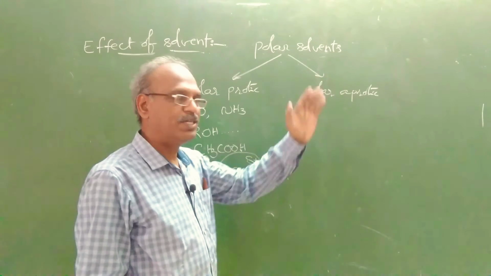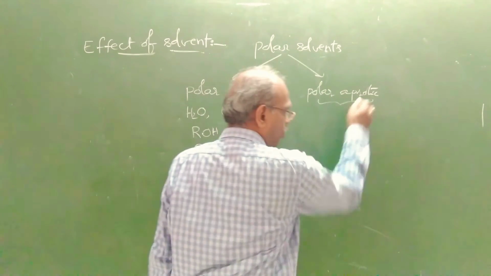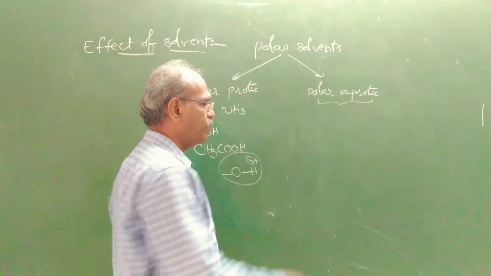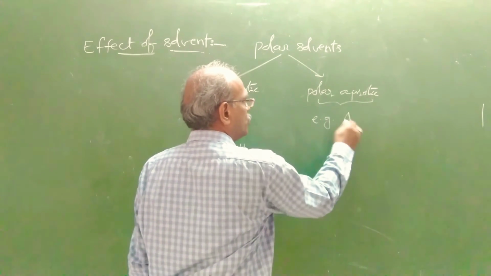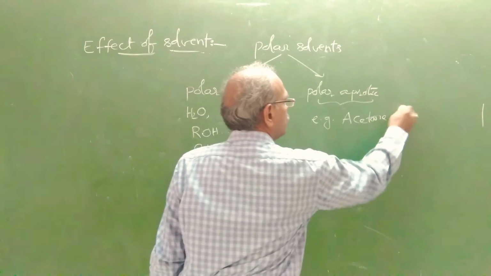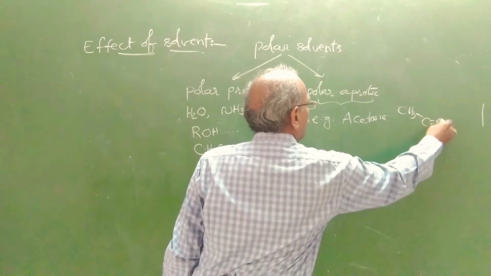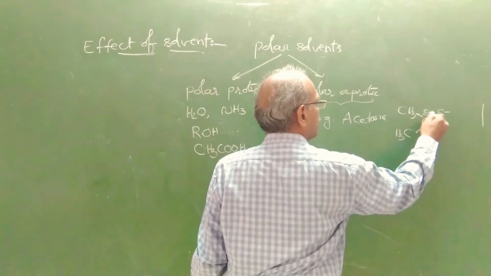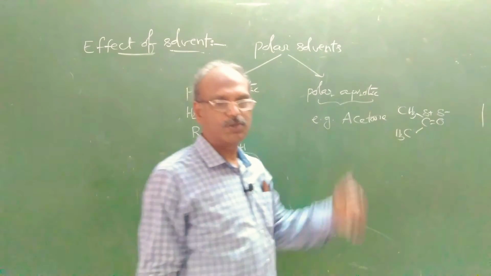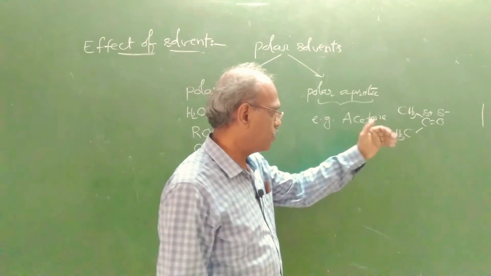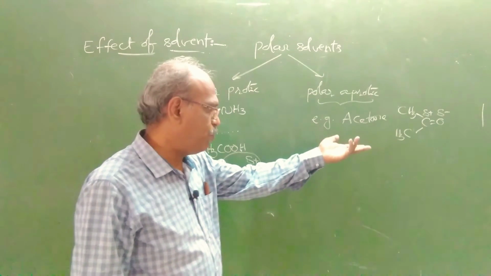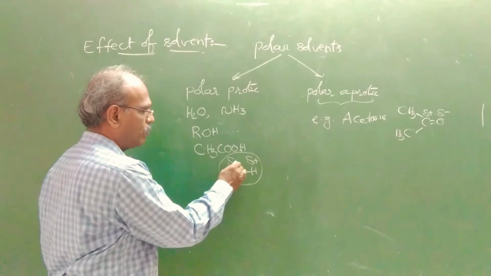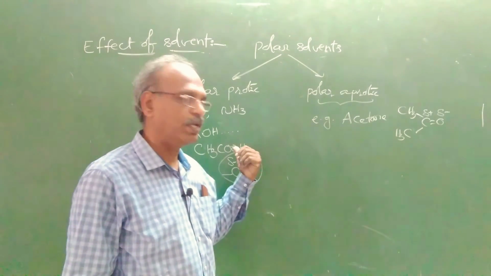Polar aprotic solvents. See, these are polar, but they are aprotic, meaning there is no proton. For example, acetone, CH3, C double bond O. Because of the difference in electronegativity, here it has delta minus and here delta plus. This is polar, but there is no hydrogen having delta plus like protic solvents.